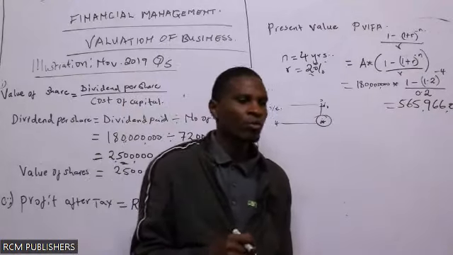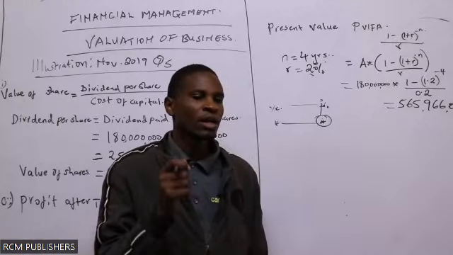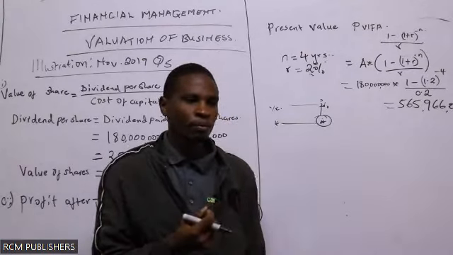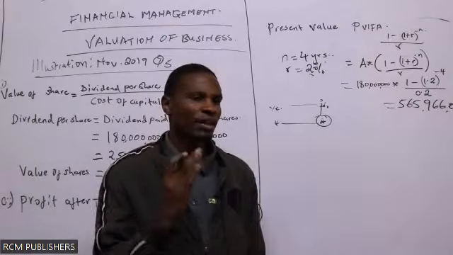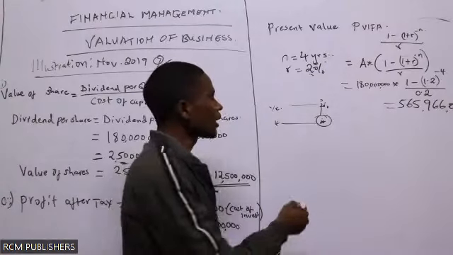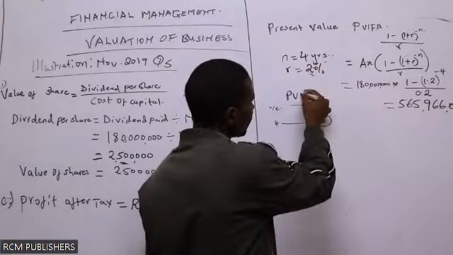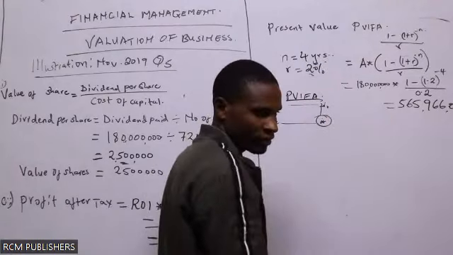I want to know if anyone has not understood how we are looking at the table. Are we together now? Comfortable to look at the table? You just look here, check whether it is PV or PVFA, written at the top, annuity or whatever.